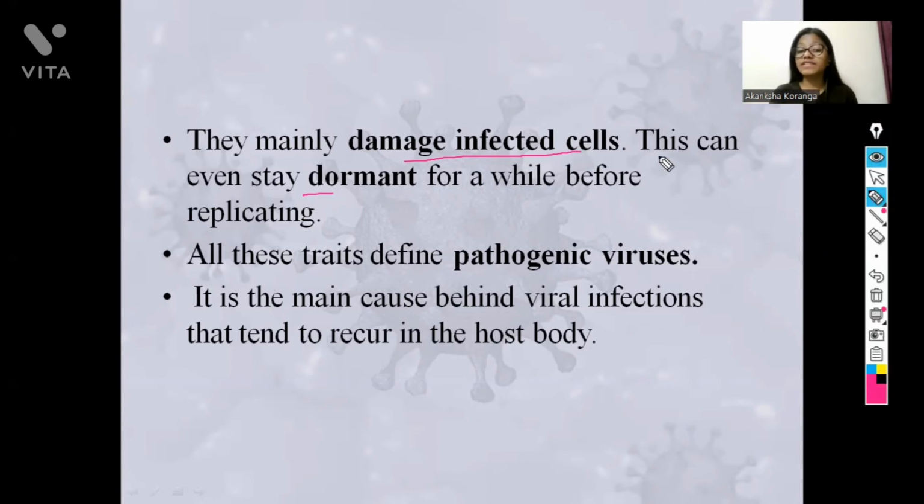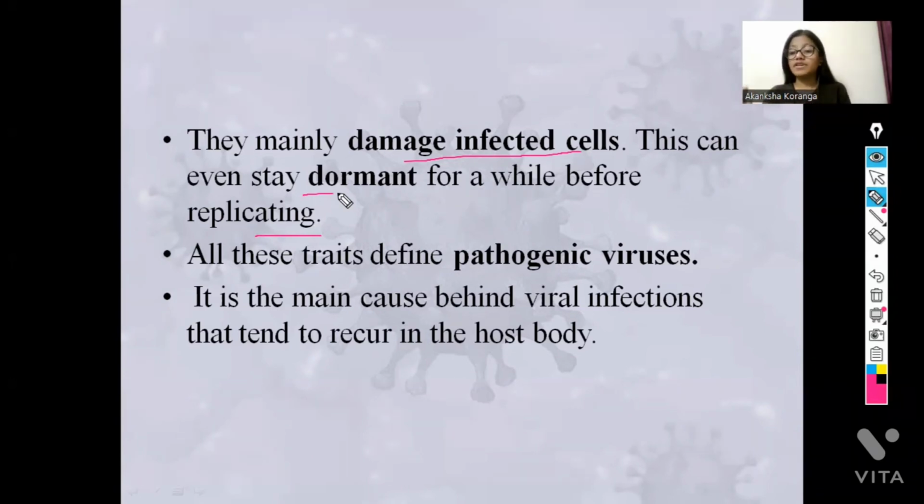The virus can even stay dormant for a while before replicating. Dormant means it will not cause any infection and will not multiply, but will be in a kind of hibernation condition before replicating. So that was this point. Now moving on to the next point.